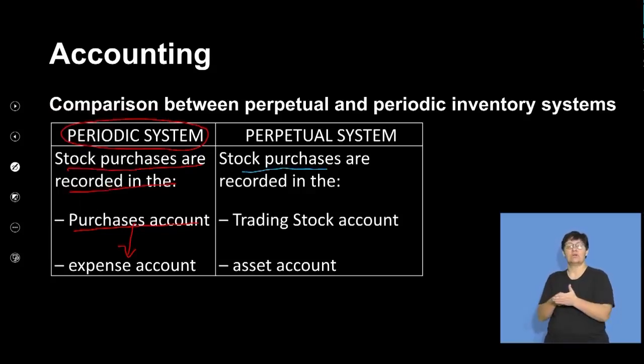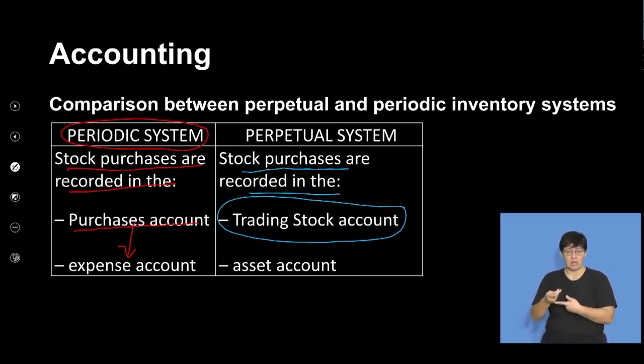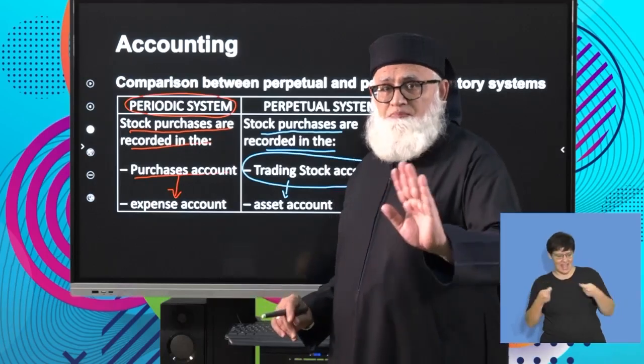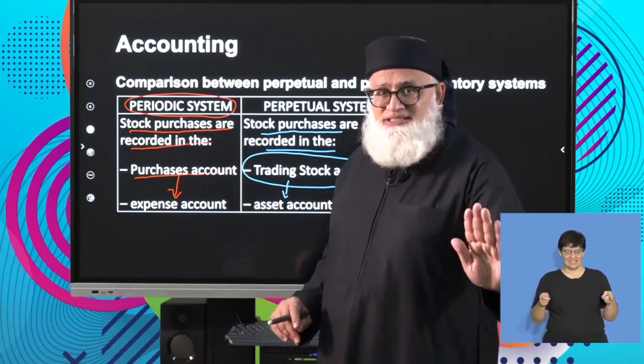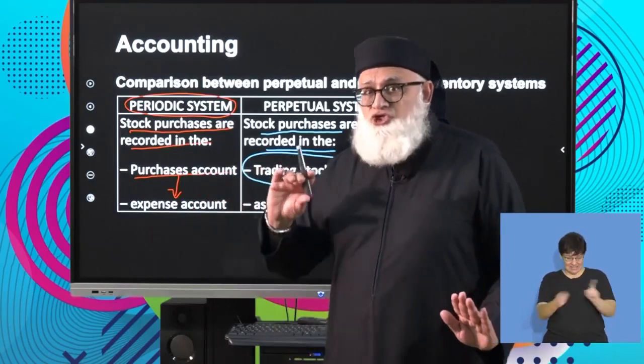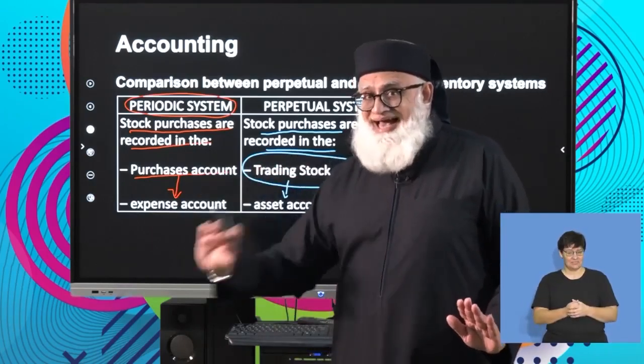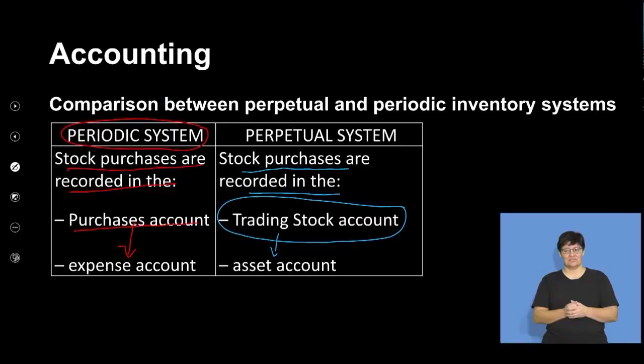Stock purchases are recorded in the trading stock account, and it is regarded as an asset account. A distinct comparison between the two, right? So, periodic: purchases, expense. Perpetual: stock account, trading stock account, asset account. Okay.